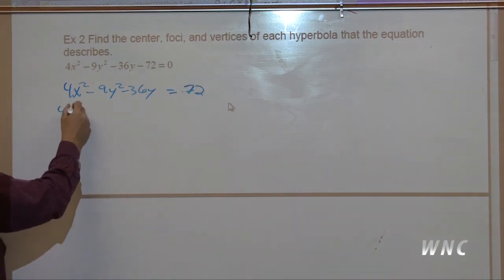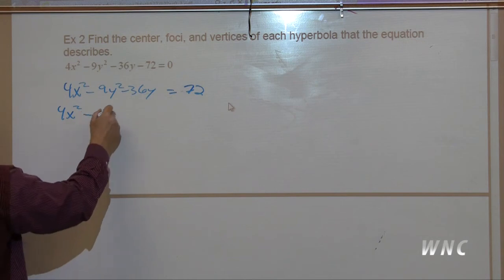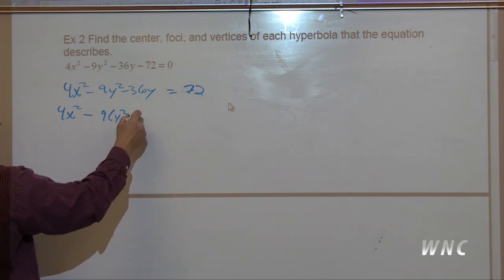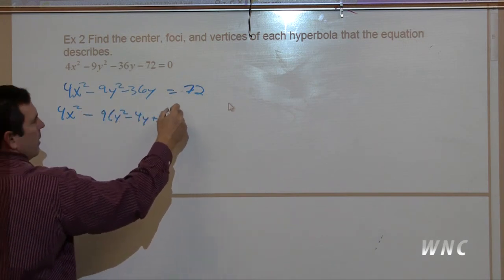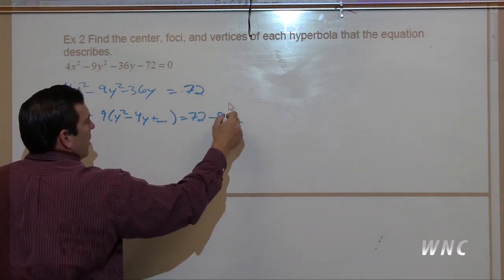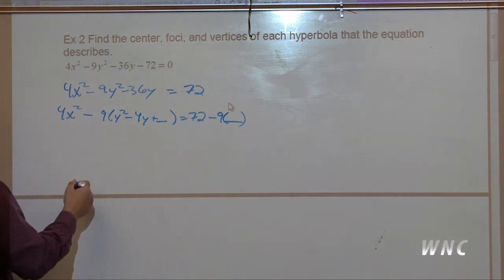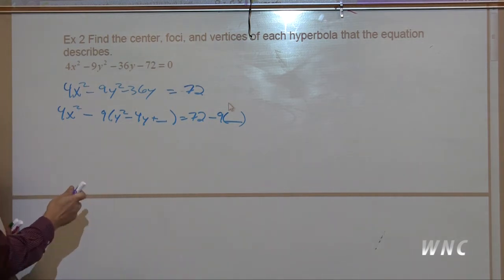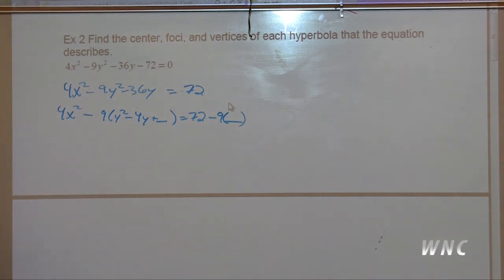So 4x squared minus 9 times the quantity y squared minus 4y plus blank equals 72 minus 9 times blank. So half of 4 is 2. 2 squared is 4.